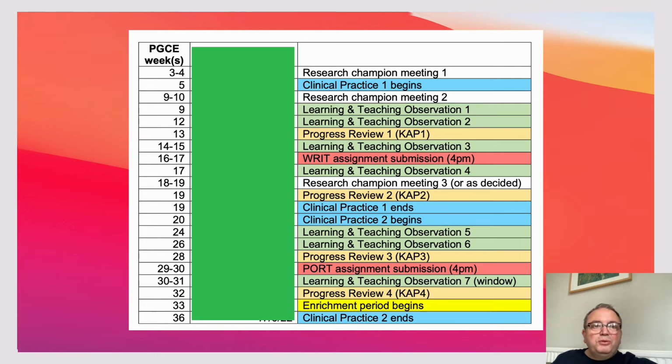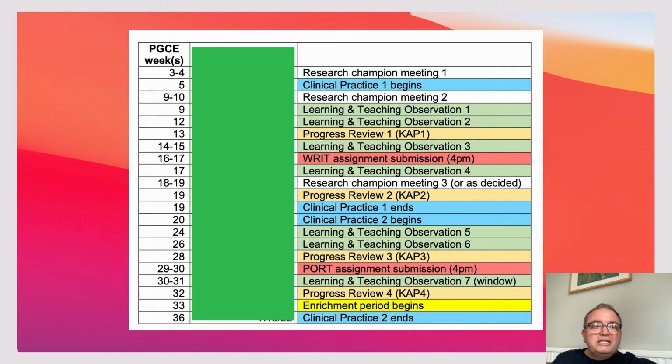Now these are the formal forms that are filled in by your subject mentor in the classroom, outlining how your teaching is going on that particular lesson. You can also see that we have 4 progress review caps.